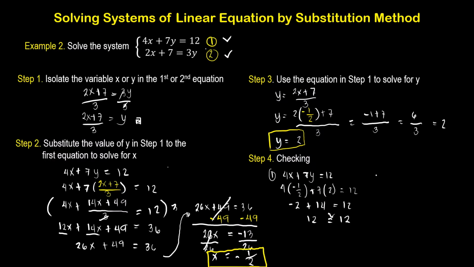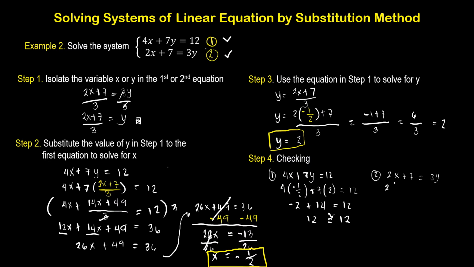Now let's check if it also satisfies the second equation. So let's use the second equation: 2x plus 7 is equal to 3y. Again, let's substitute the values of x and y.